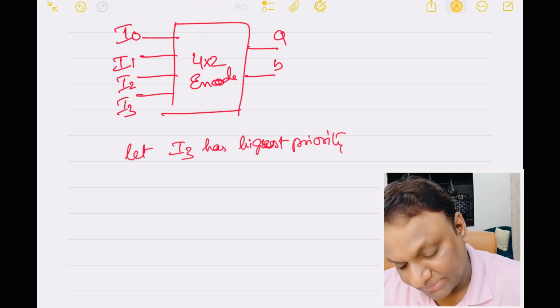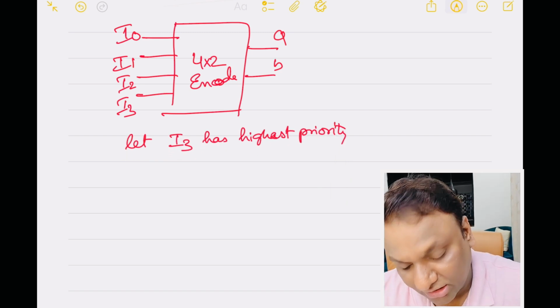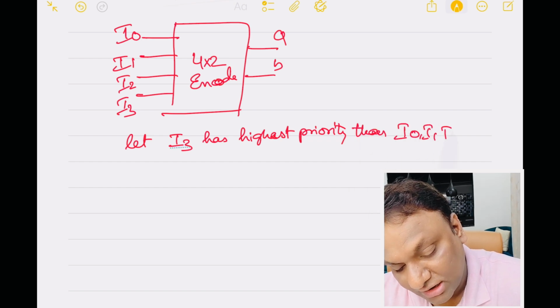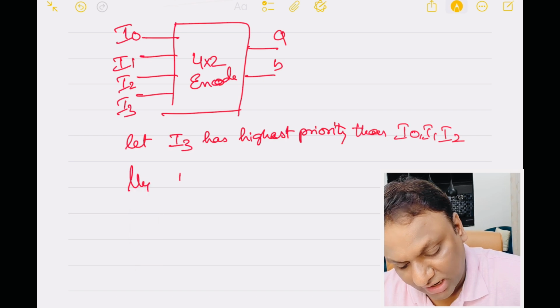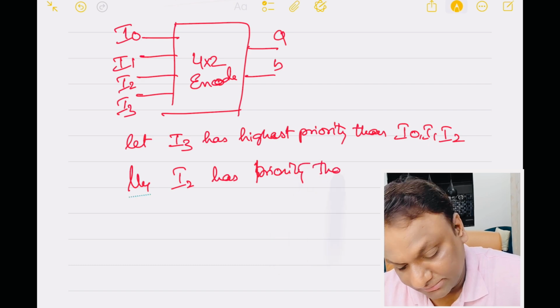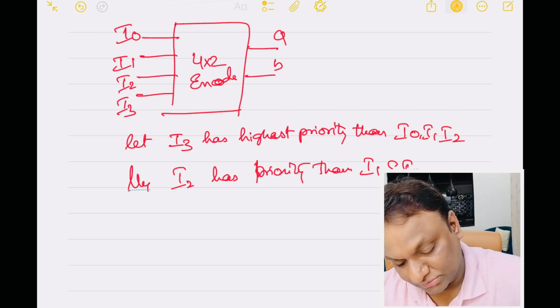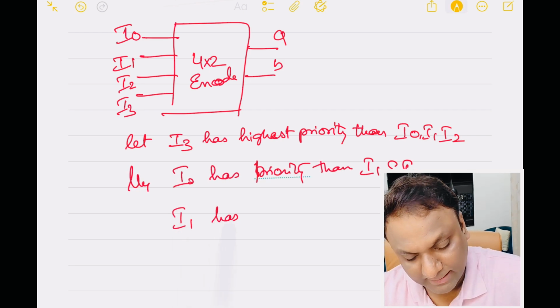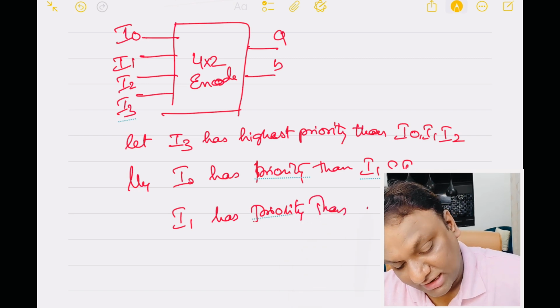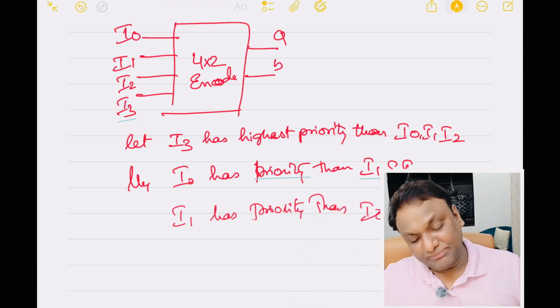That means I3 has the highest priority out of all these inputs, I0, I1, I2. Similarly, I2 has more priority than I1 and I0. I1 has more priority than I0.